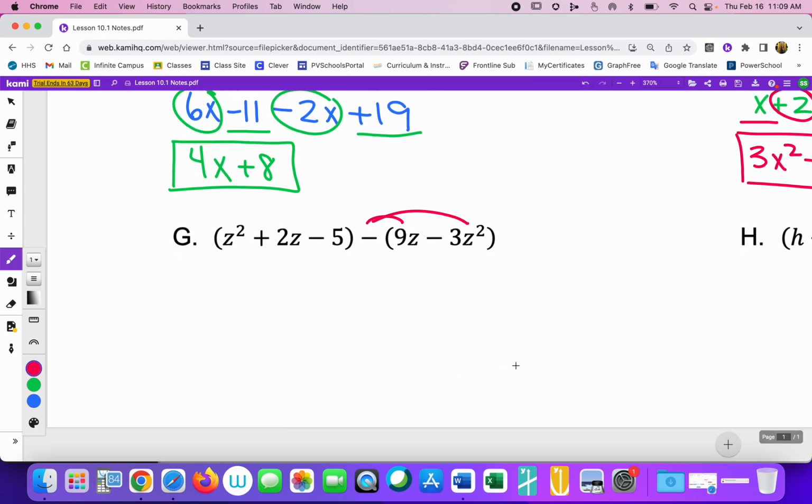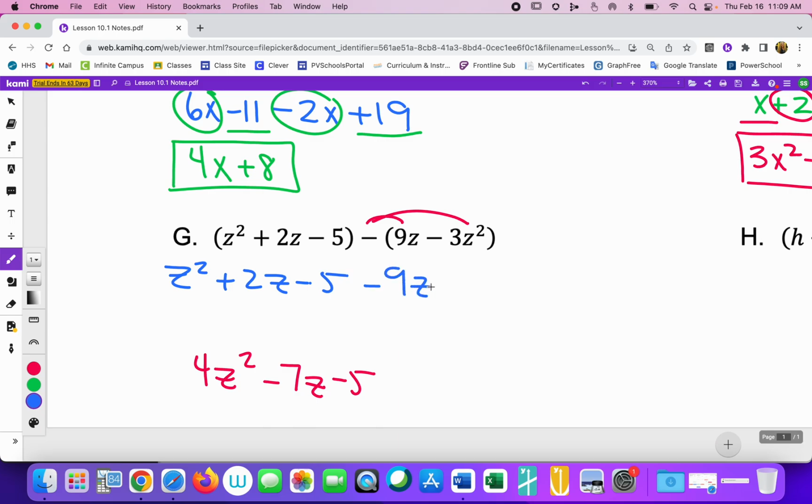So who has an answer for G? Marilyn? Is it 4z squared minus negative 7z minus 5? We agree? Yes. So after distributing, you should have z squared plus 2z minus 5. So the first one's unaffected. Minus 9z, then plus 3z squared, because you would have double negative technically.